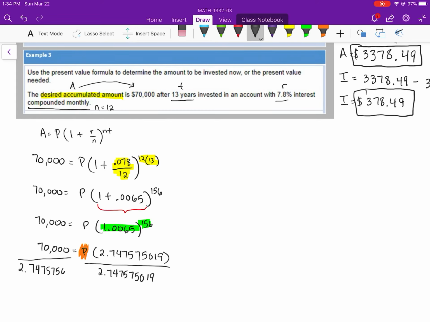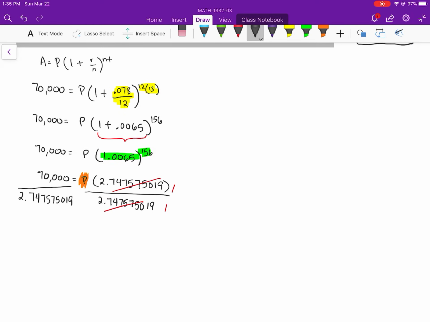Because whatever I do to one side, I better do it to the other. Basics of algebra there. Okay, notice on the right-hand side, that will become 1. So that means we're only left with P on the right-hand side.